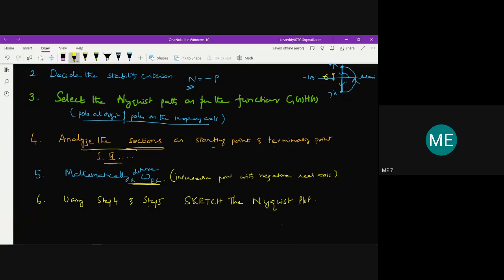So now the last step: after sketching the Nyquist plot, we need to find out the number of encirclements of the -1 plus j0 critical point by the Nyquist plot.